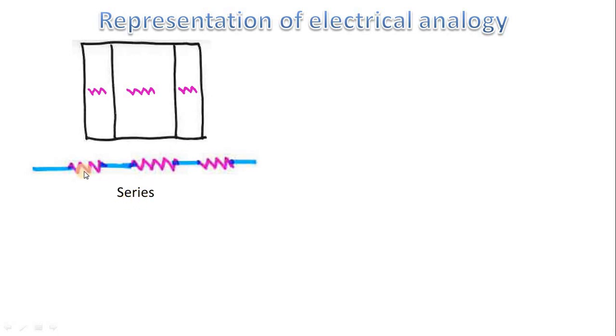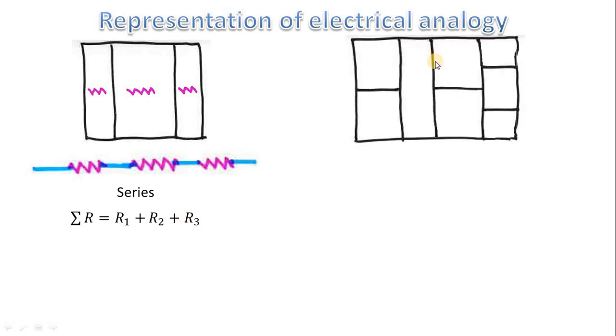Now when the resistances are connected in a series, we can find summation of resistances is equal to addition of all these resistances. Right? Now, if the composite slab is in this type of structure, see here there is a single slab.